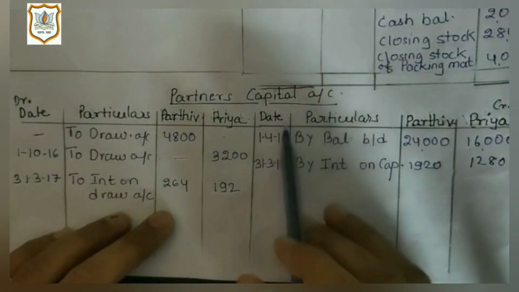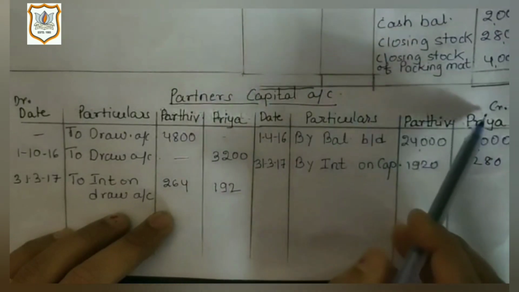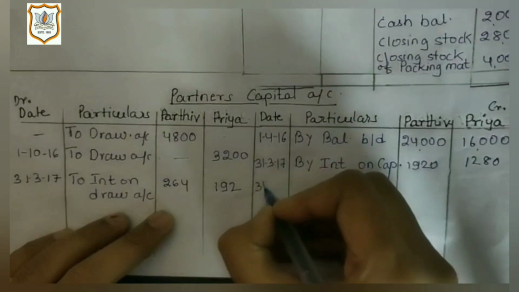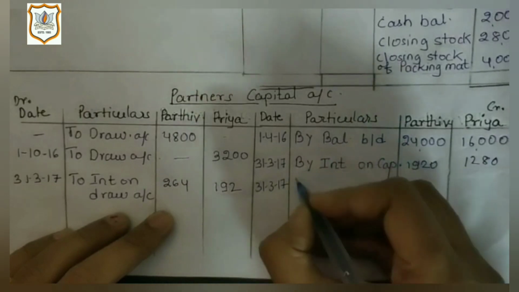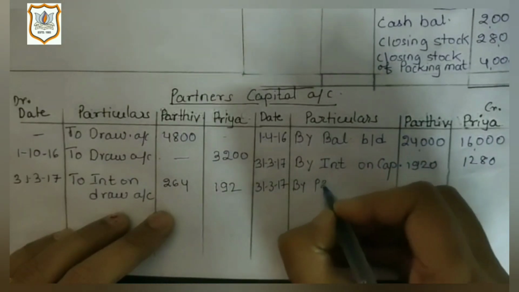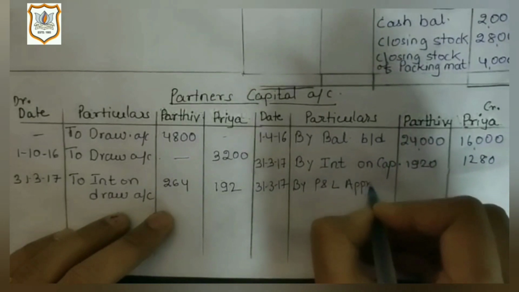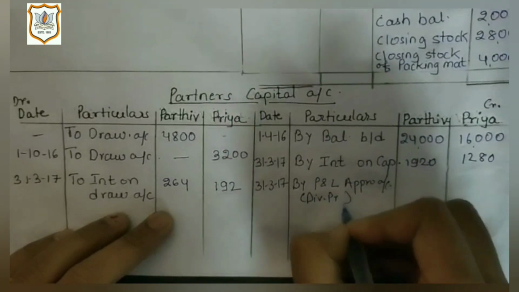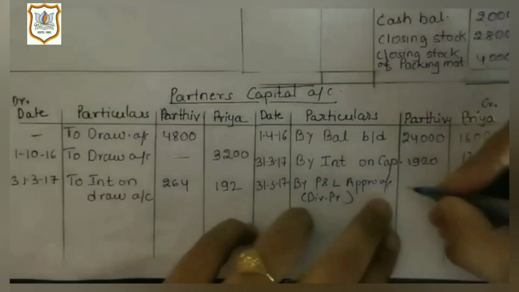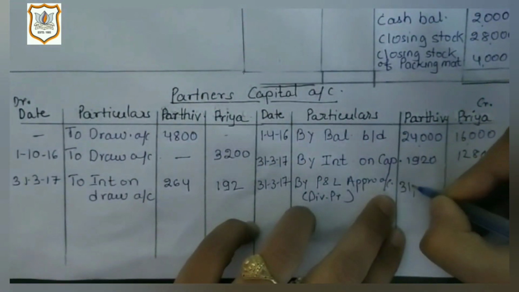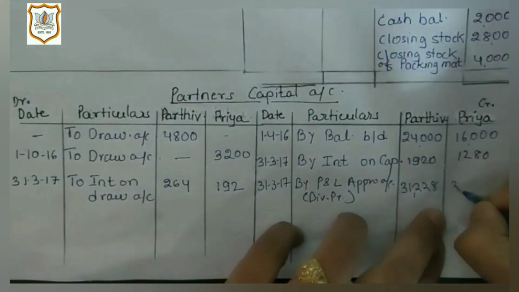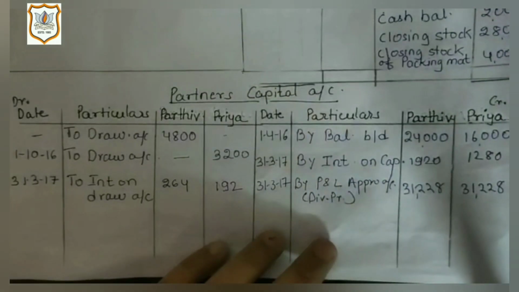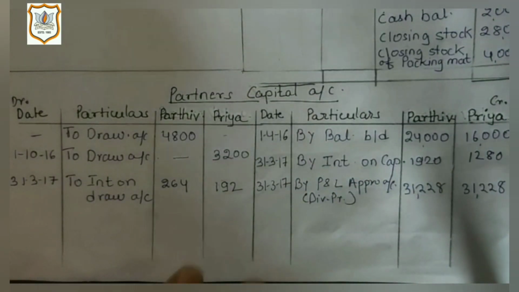Now divisible profit will be transferred to partners capital account in credit side as it increases the capital of partner. So we will write here 31st March 2017 by P&L appropriation account, divisible profit 31,228. For Priya also 31,228. Now we will close partners capital account.